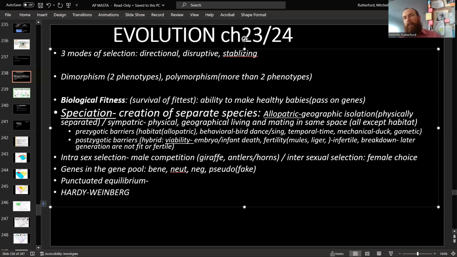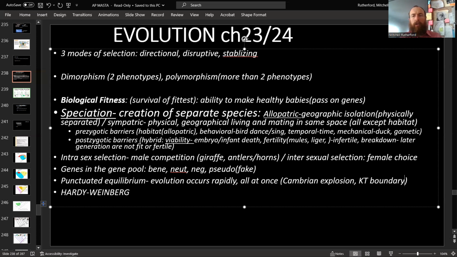Punctuated equilibrium is the concept that sometimes evolution occurs rapidly, all at once. One example of this would be the Cambrian explosion, or right after, I think it's called the KT boundary, where the dinosaurs went extinct.